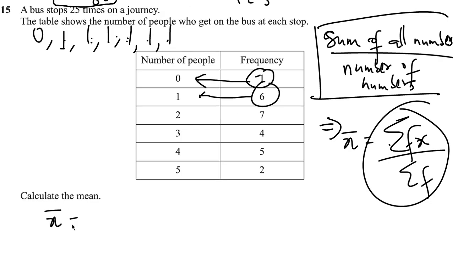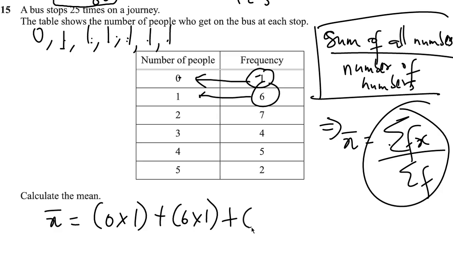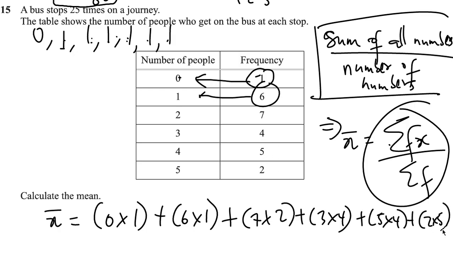So the mean is going to be 1 times 0, plus 6 times 1, plus 7 times 2, plus 4 times 3, plus 5 times 4, plus 2 times 5, right? The frequency times the number of people, this times this, this times this, and so on.